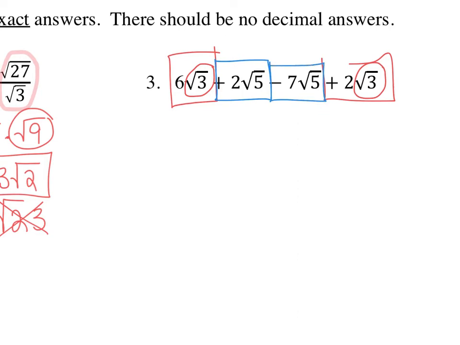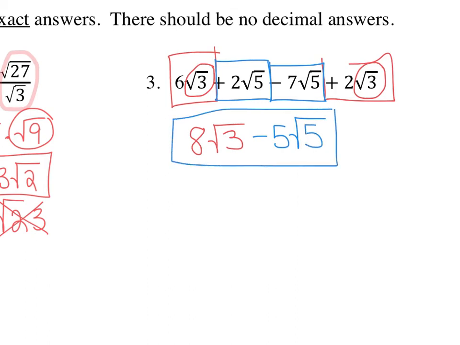So 6 root 3 plus 2 root 3, just like if it was 6x plus 2x, you combine the coefficients, it's going to be 8, and then that radical just kind of comes along with it. 2 root 5 minus 7 root 5 is like if I had plus 2y minus 7y. I could combine the coefficients. It's going to be minus 5 root 5. The radicals stay the same. You don't do anything with the number underneath the radical sign when combining by adding and subtracting.